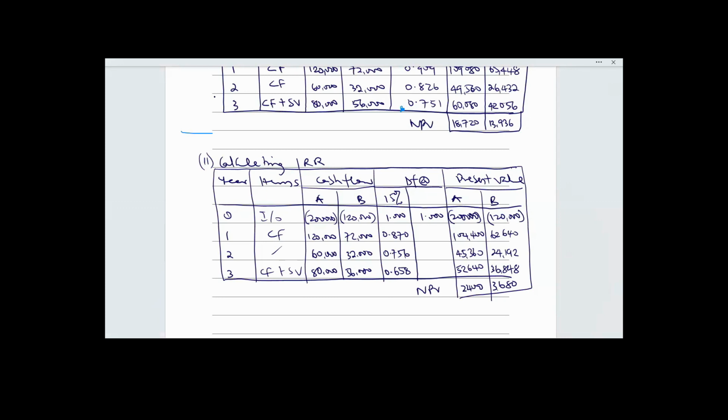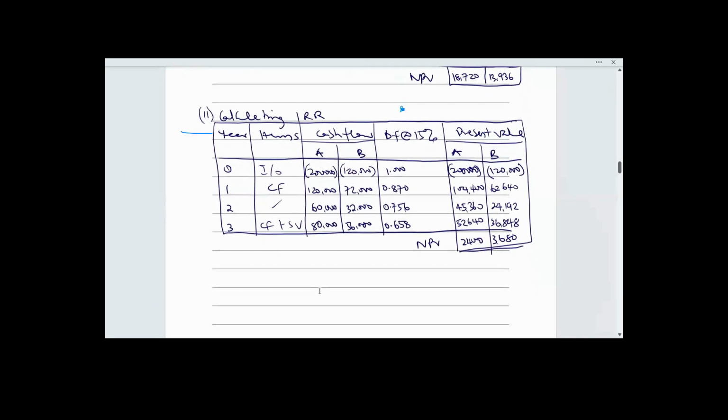So as it is, we cannot proceed to calculate our internal rate of return. We need to assume a higher discount rate that will give us a negative NPV. So as a result, let's create another table for a negative NPV.